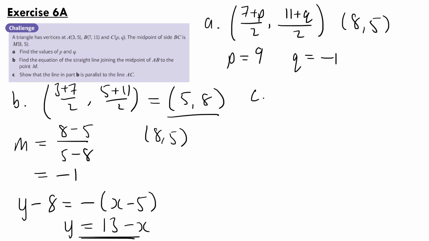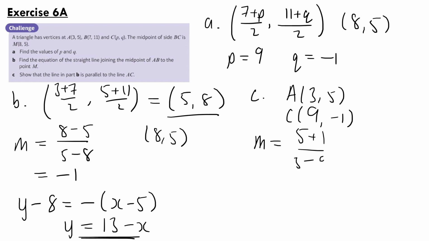Part C says show that the line in part B is parallel to the line AC. So our point A is (3, 5), and the point C is (p, q), which is (9, minus 1). The gradient of the line joining these two points is 5 plus 1 over 3 minus 9, which is 6 over minus 6, so minus 1 again.